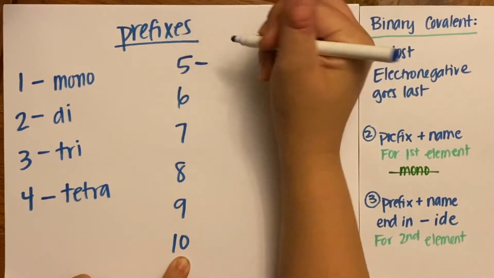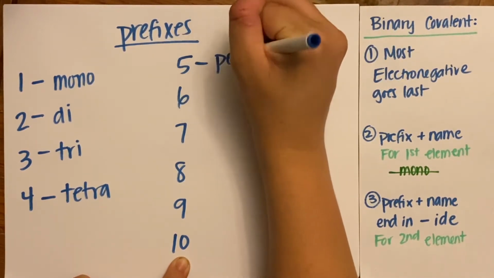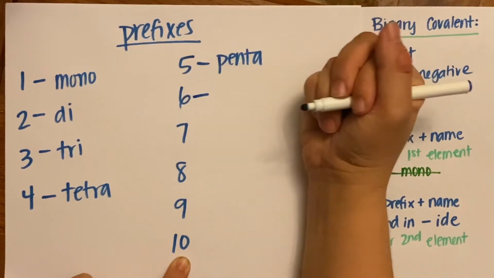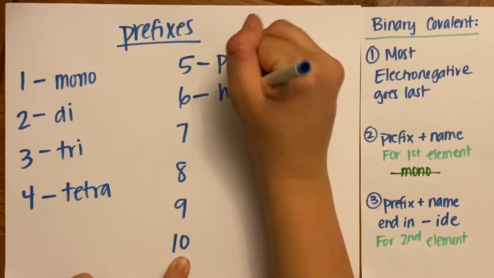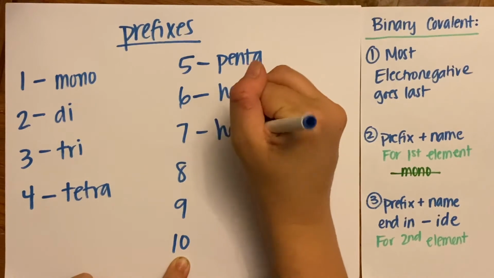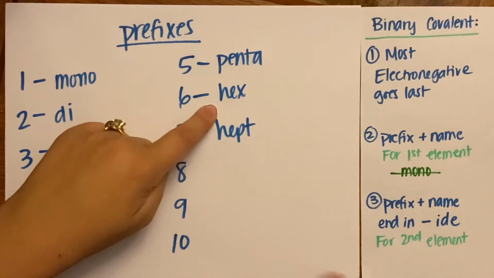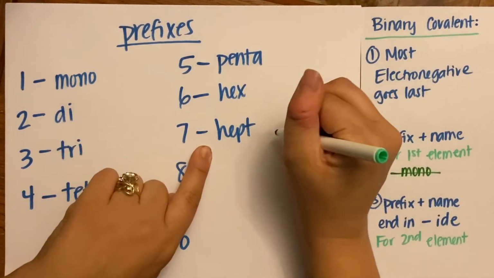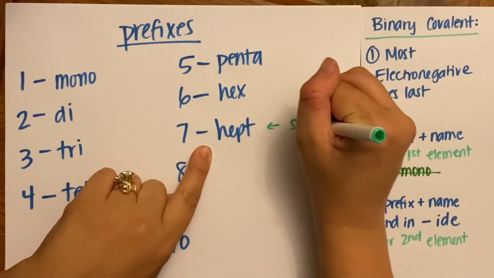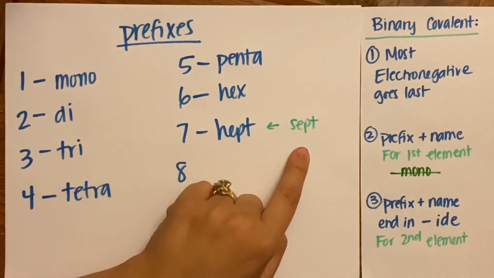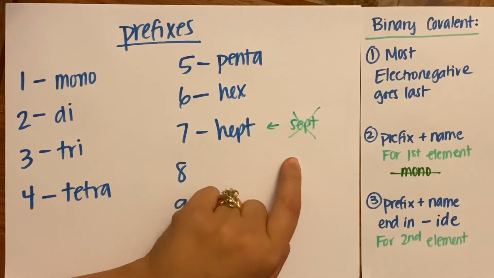A 5-sided figure is a pentagon, pent. 6 is a hexagon, so hex. 7 is hept. Please make sure for 7, I don't know why every year I get people saying sept. That's not a thing.